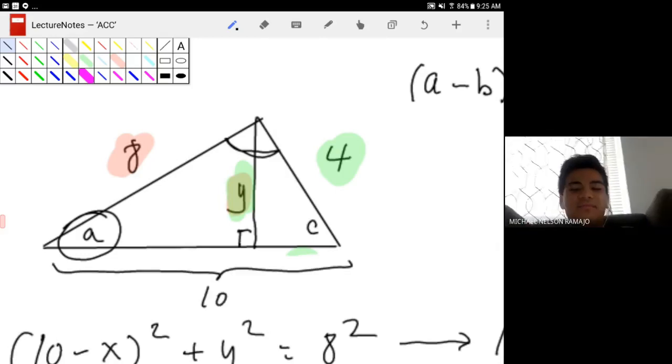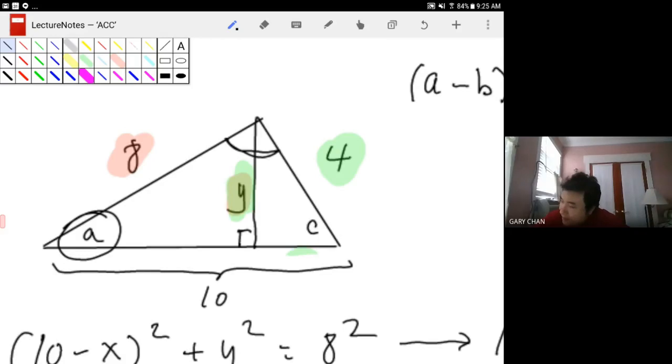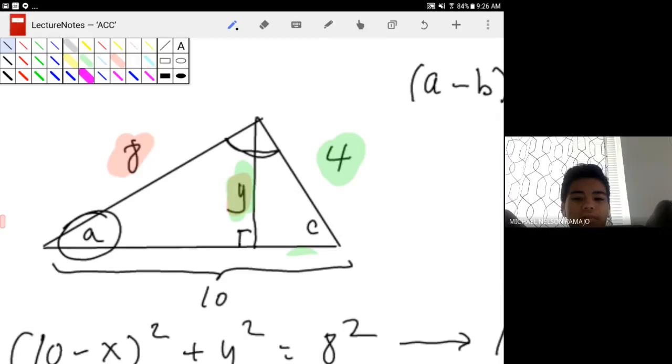Yes. Michael, side lengths 4, 8, and 10. Do we know whether or not that is a right triangle? No. How do we know?